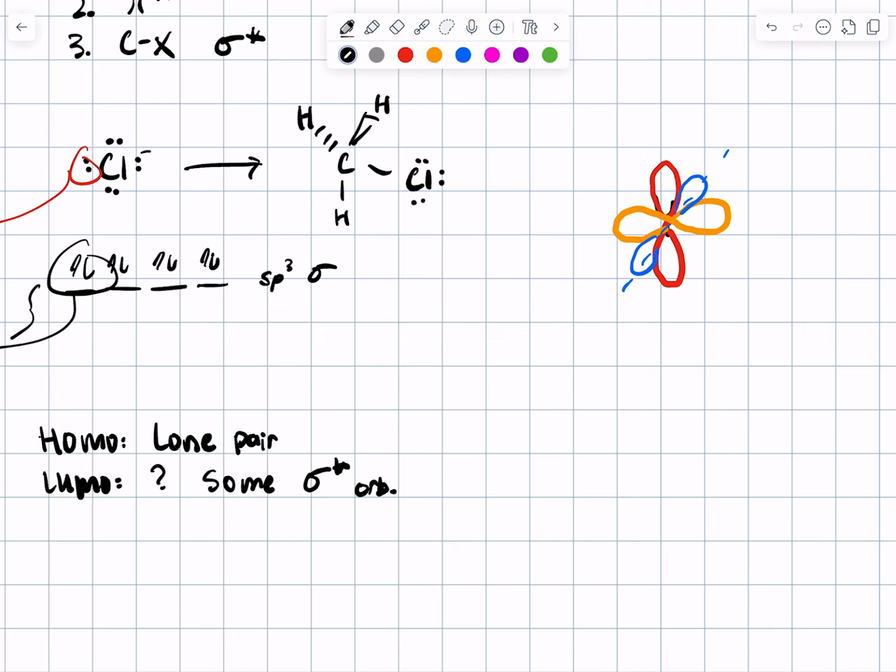Now this is a little bit of an oversimplification, but let's just put our electrons into those orbitals. Those are at 90 degrees. Those are unhappy electrons. So even if there's not a bond being formed, our atoms are still going to hybridize so that they can dump those electrons into better geometries.